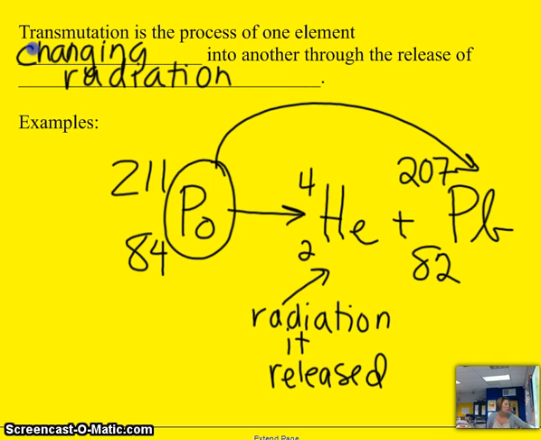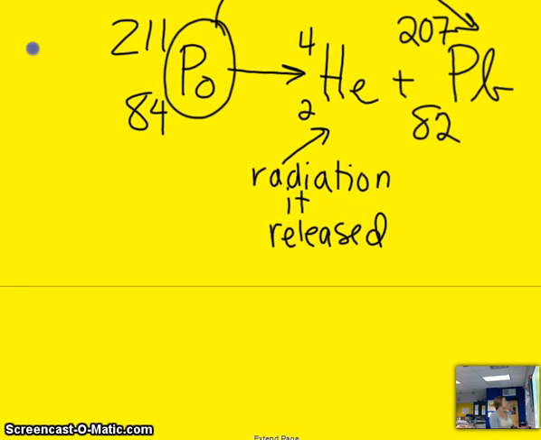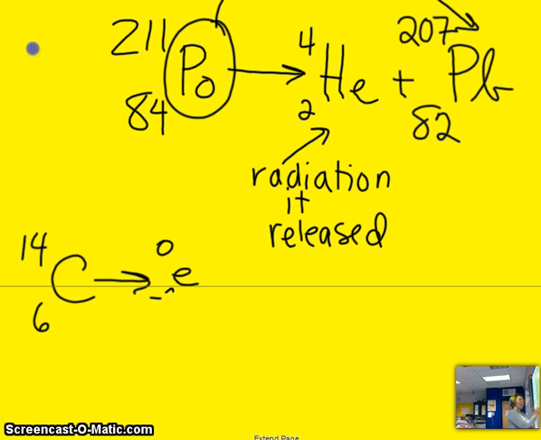Okay, I'll give you one more example of that. I'll use the carbon-14 that we just saw. Carbon-14 does not spew alpha. Carbon-14 spews beta decay. It undergoes beta decay, which is an electron. So it spits an electron out of its nucleus, which is kind of weird, and I promise I'll talk to you about how that happens too. But it spews, and it turns into a new element.